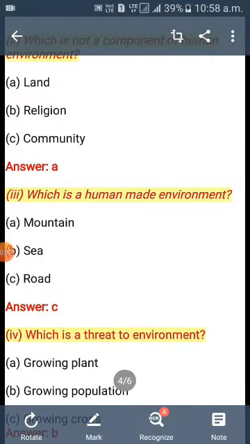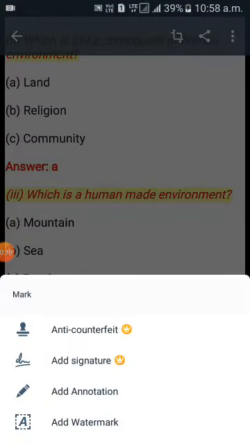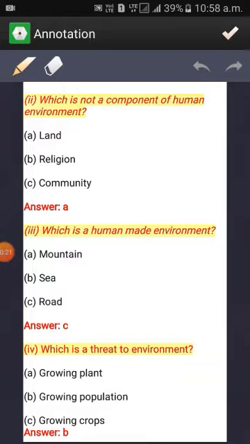Next, which is not a component of human environment? We will first read out the options. Land, it is naturally created.